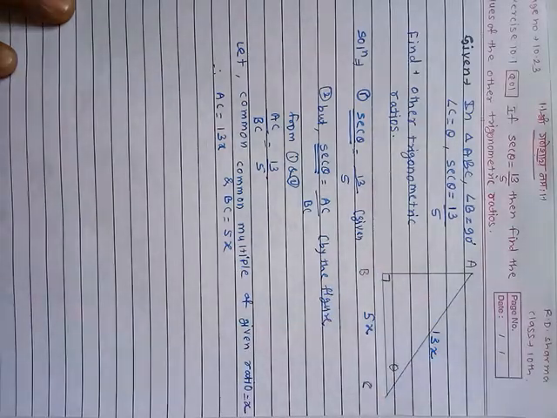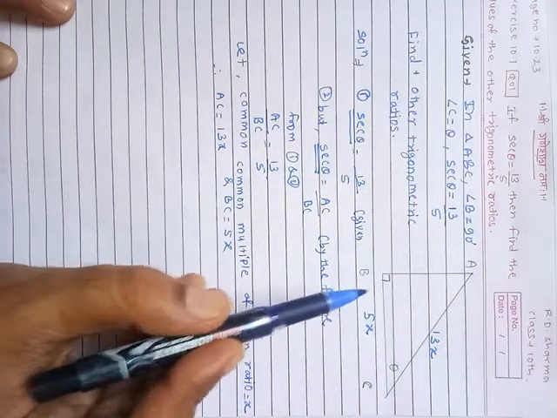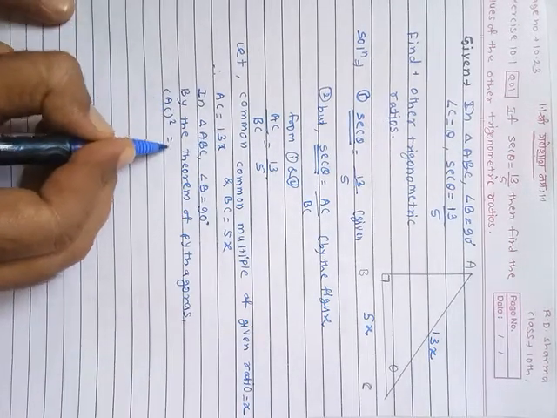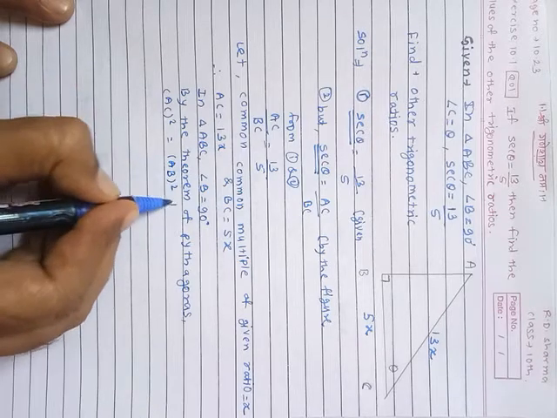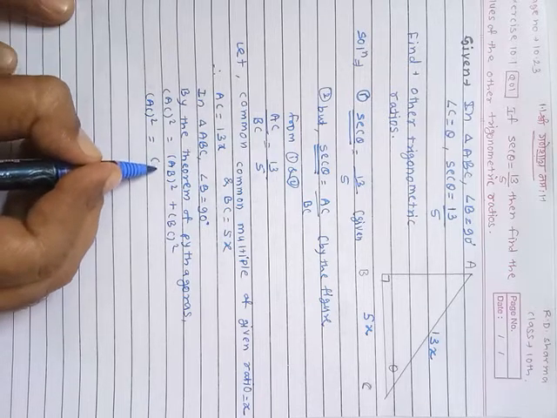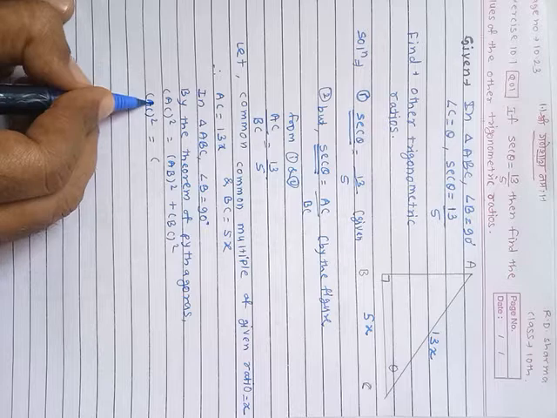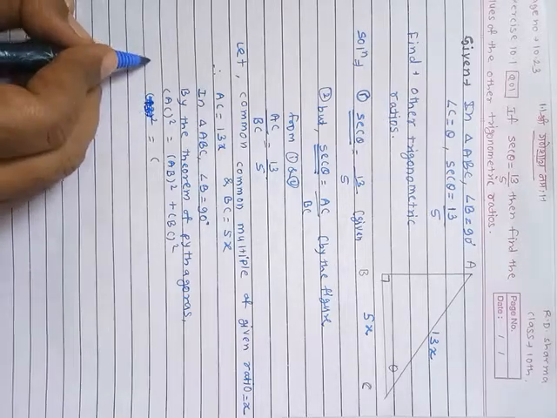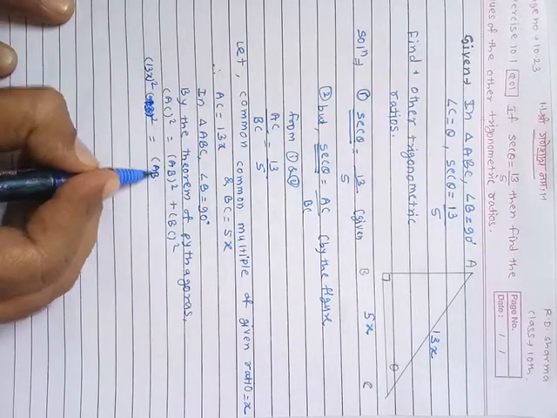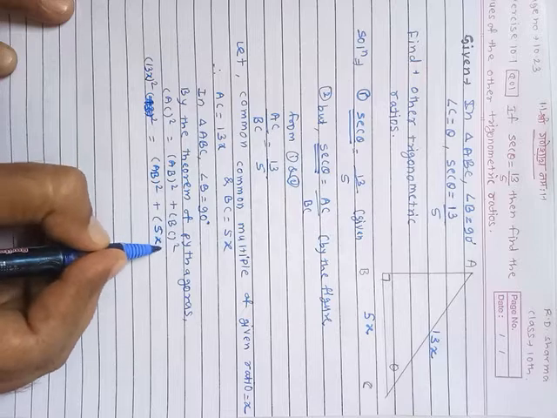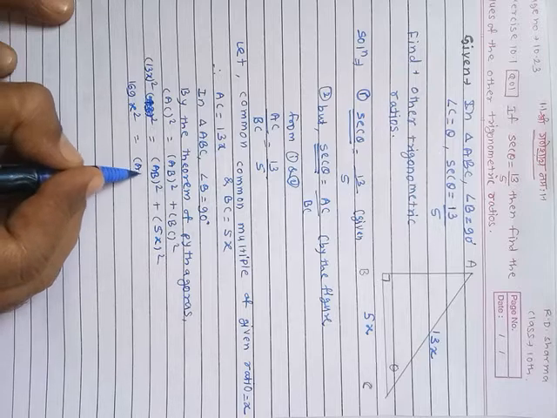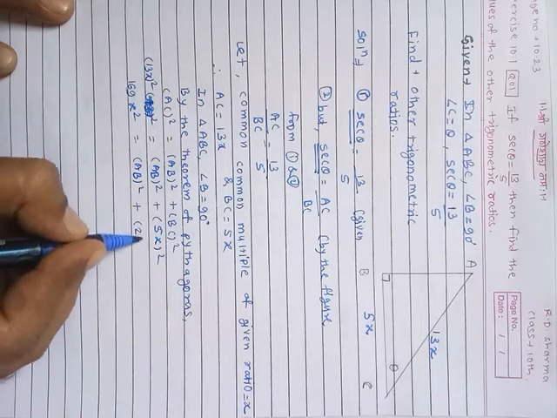In triangle ABC, angle B equals 90 degrees. Then using Pythagoras, AC square equals AB square plus BC square. AC square is (13x) square, and BC square is (5x) whole square. 13 square is 169, so 169x square equals AB square plus 25x square.